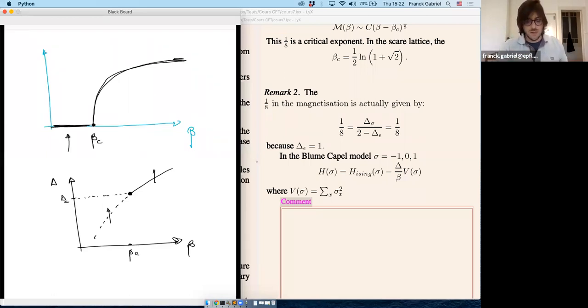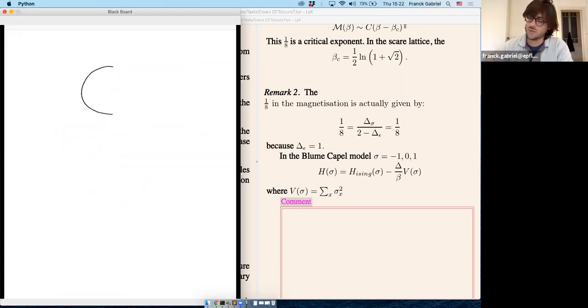Okay? You have also another model, for example, which is the critical three-Potts model. Okay, where the spin now is going to live. So you have two different ways to see it.